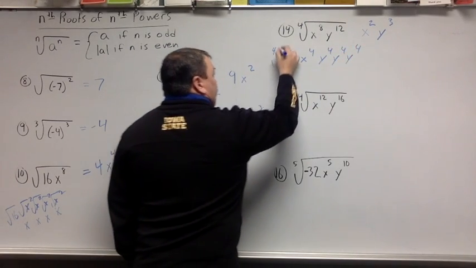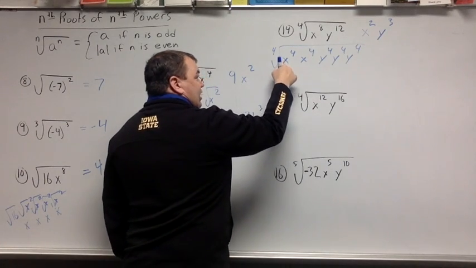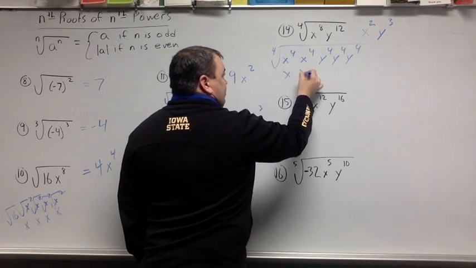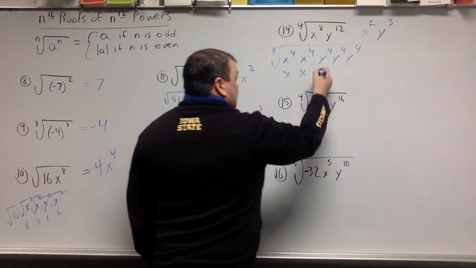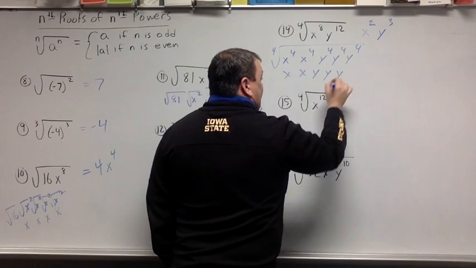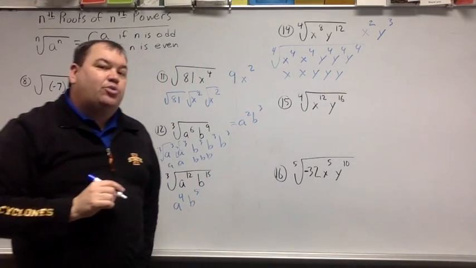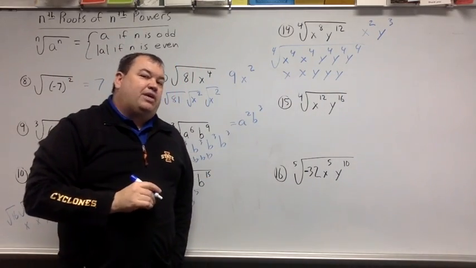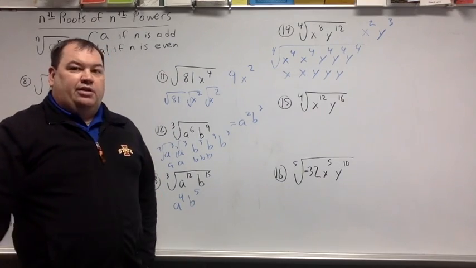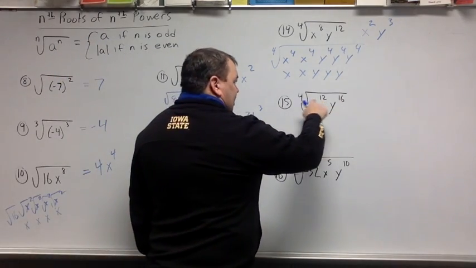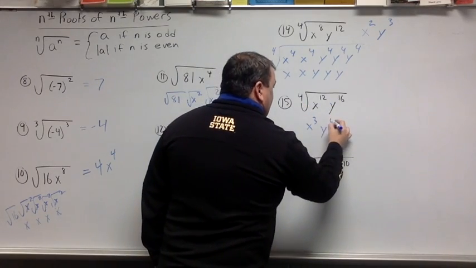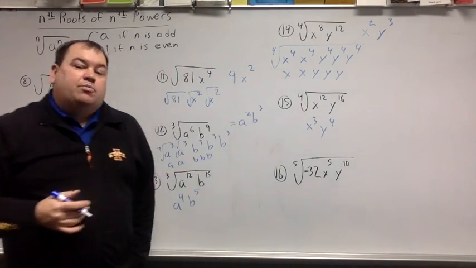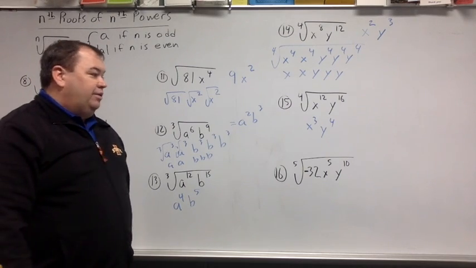And when I 4th root each part, I get an x and another x. That's where the x squared comes from. I get a y and a y and a y. That's where the y cubed comes from. So whichever method makes sense to you, I would go for that. Personally, I'm a fan of dividing these out. I feel like it goes quicker, but it doesn't mean it's the only way that can be done.